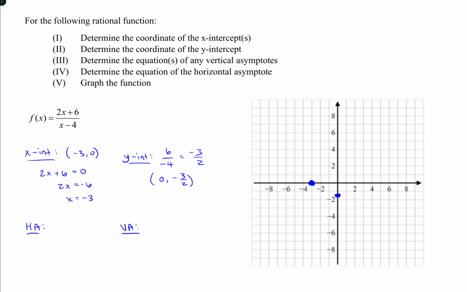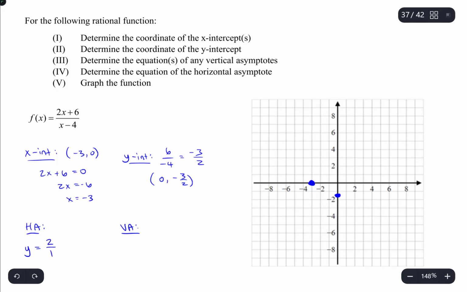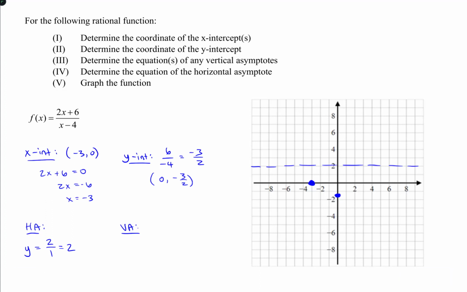So the horizontal asymptote, since the degree is equal, is going to be y equals the ratio of the leading term coefficients, and that's 2 and 1 in this case. So just y equals 2. So that means we have a horizontal line, and I'd use a dashed line because it's not actually part of the graph, it's just telling me where it's going, at 2.